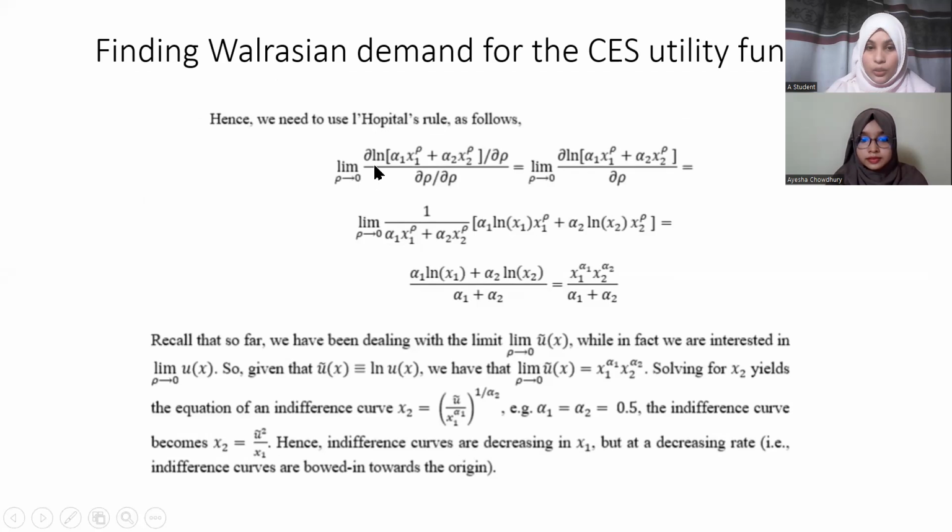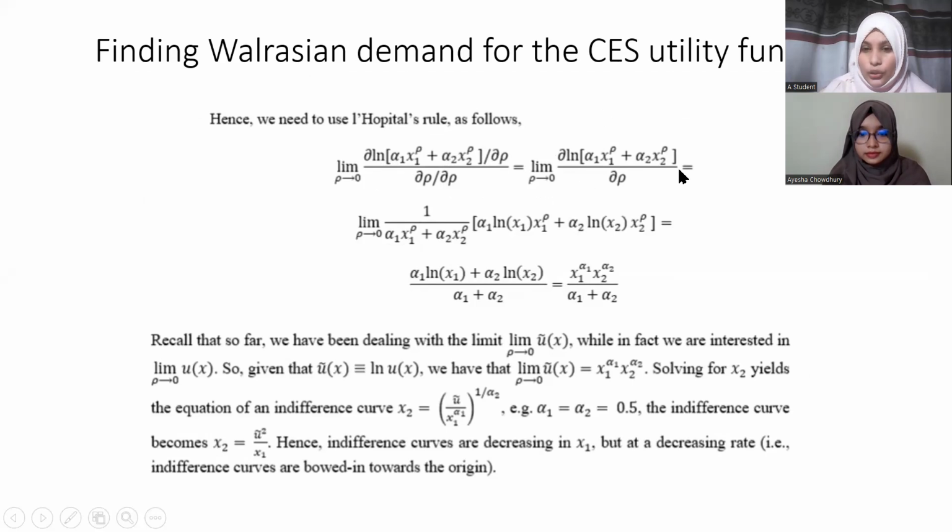Limit as rho tends to 0 of the derivative with respect to rho of the numerator, divided by the derivative of rho with respect to rho.